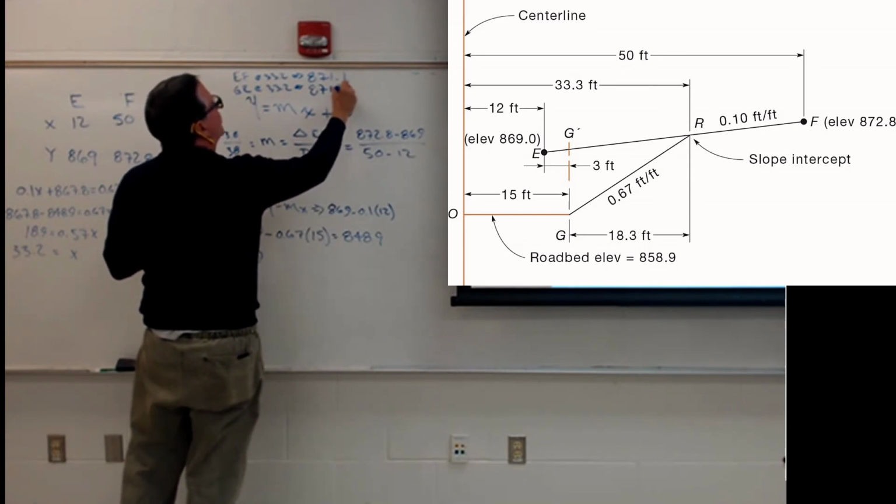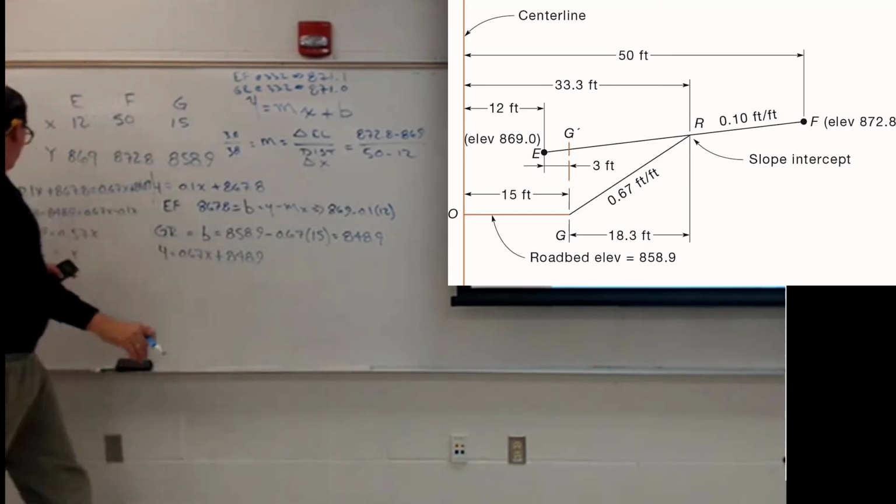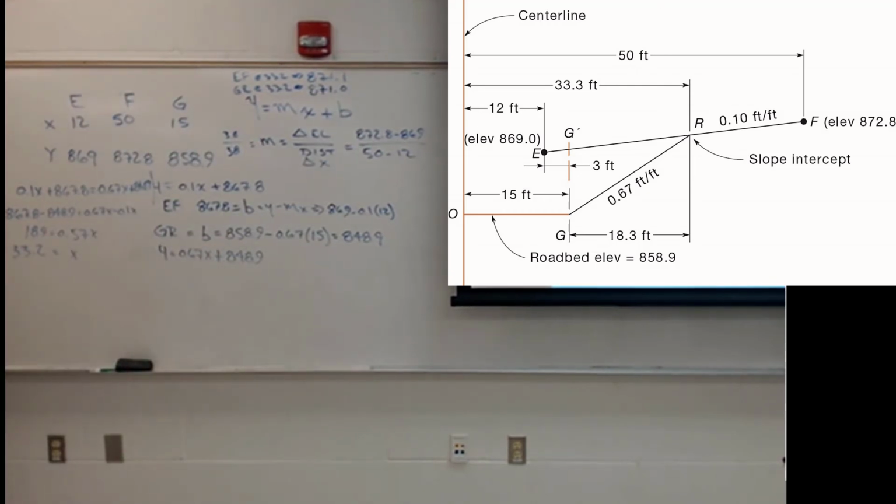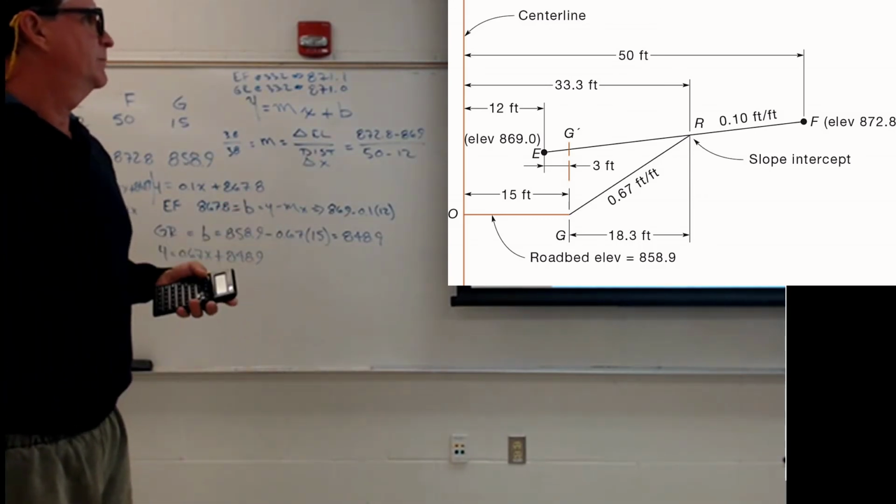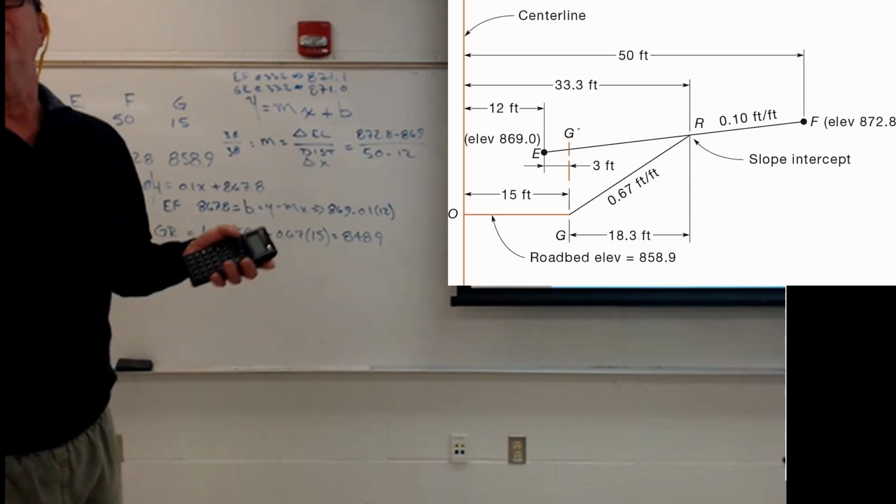It was like 871.0. It was 0.67 is where I'm losing a little bit of accuracy, versus 0.6667, et cetera.